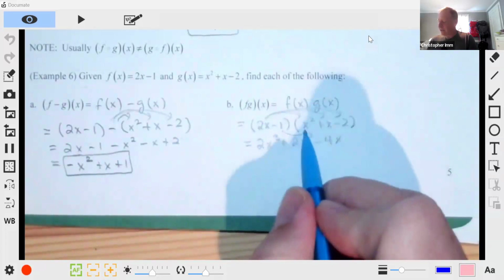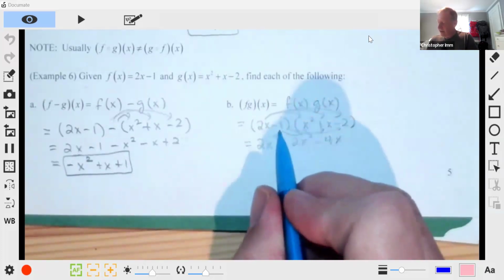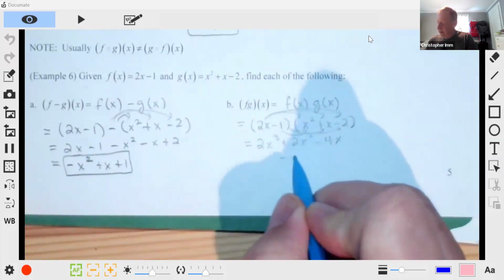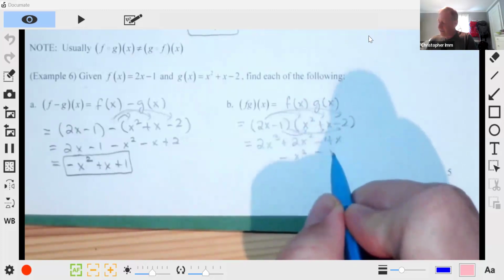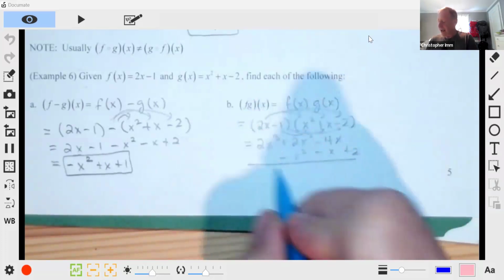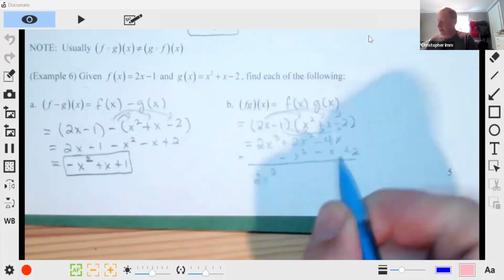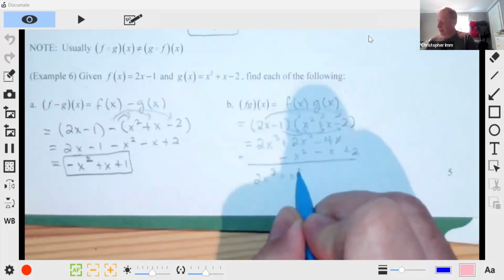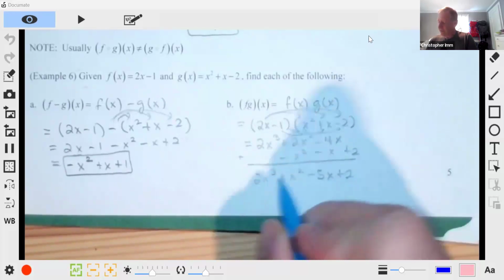Now the negative 1. And you might remember how I do this. So negative 1 x squared, I'll put that right under my x squared term, negative x and plus 2. I add those together, so I get 2x cubed plus x squared minus 5x plus 2.